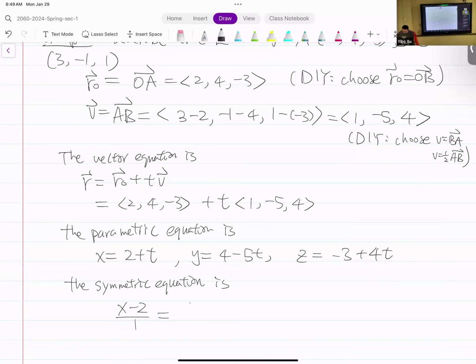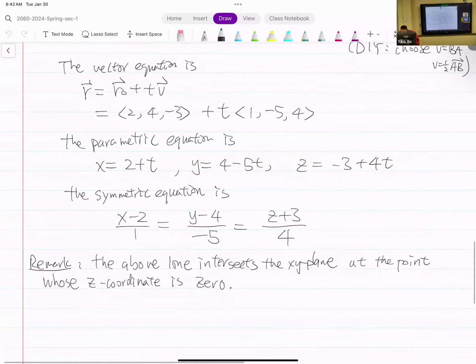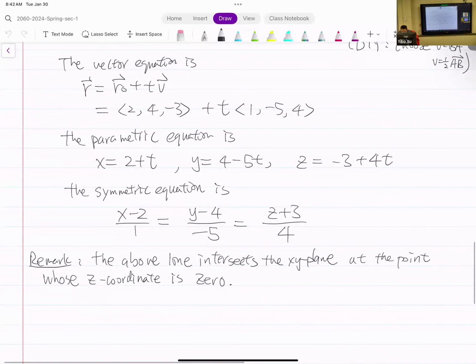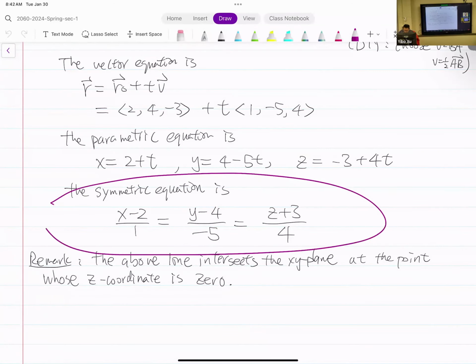And then y minus 4 over -5. And for z it's going to be z minus -3, which is z plus 3, over 4. So basically here, we have the symmetric equation of the line.